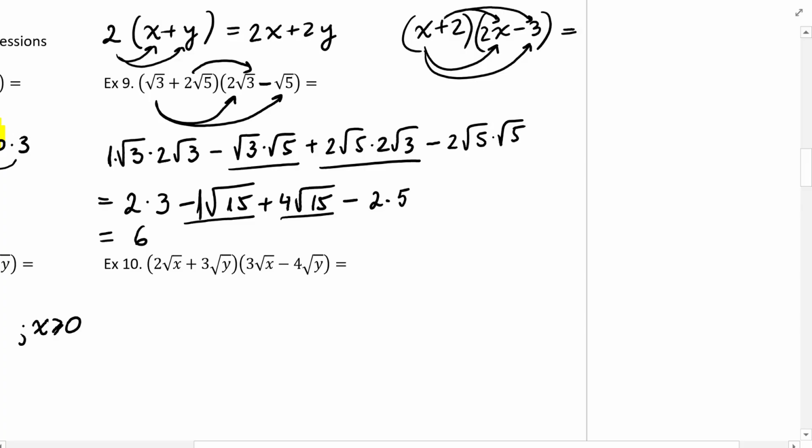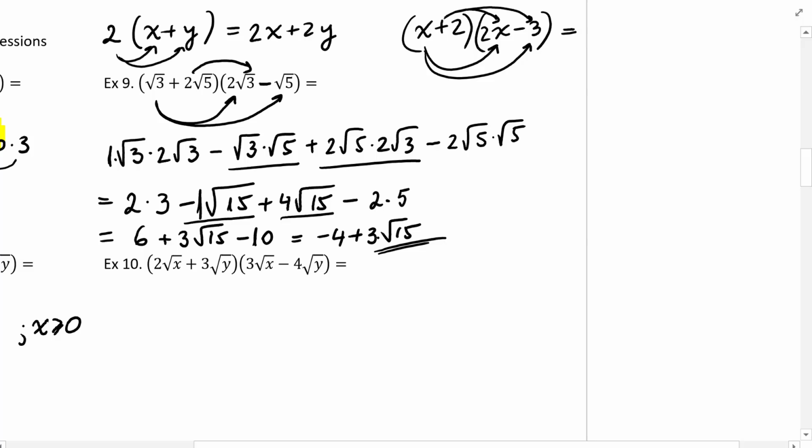Well, in front of square root of 15, it's a negative 1. So negative 1 plus 4, it's plus 3 square root of 15 minus 2 times 5, 10. So we get 6 minus 10, negative 4, plus 3 square root of 15. And that's the final answer. No like terms again, because it's 3 times square root of 15.